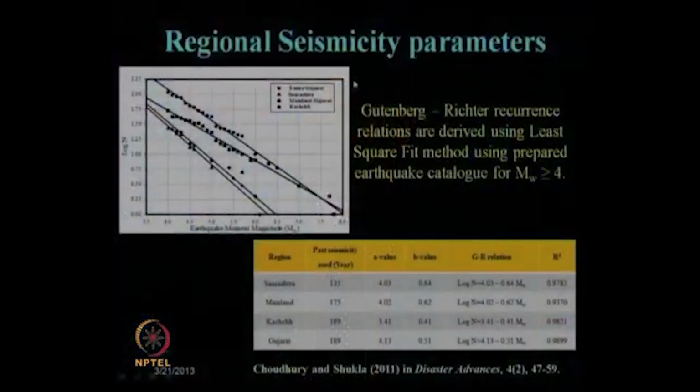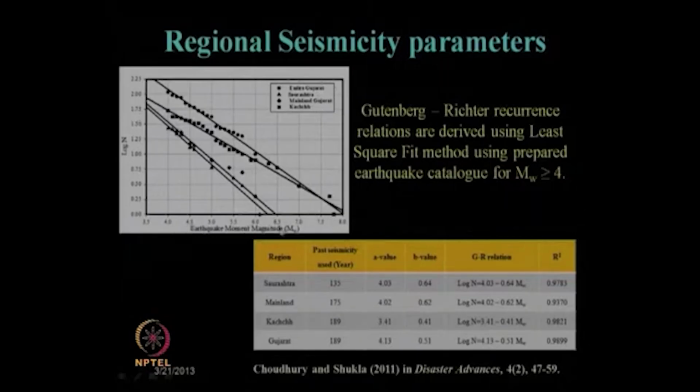Next step is to check the regional seismicity parameters. To check those, we already have the earthquake moment magnitude Mw, and we have already taken Mw equal to 4 and above. That is why you can see all the points are 4 and above. And what is log N?